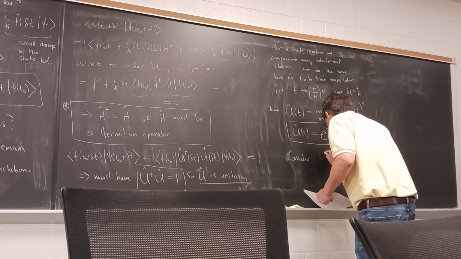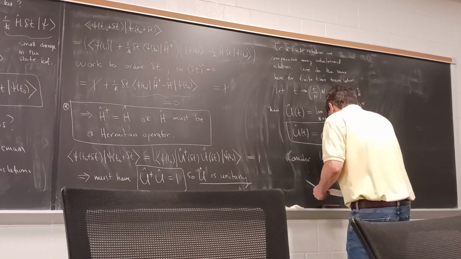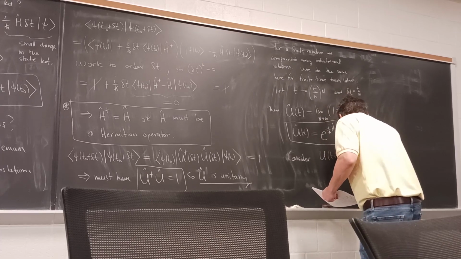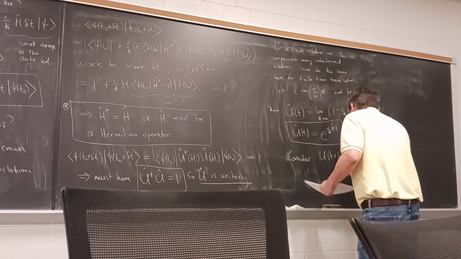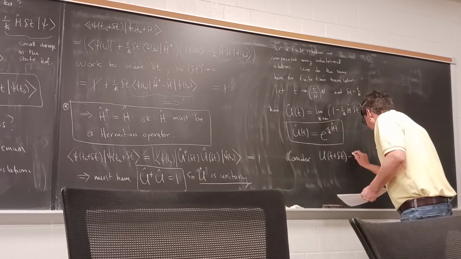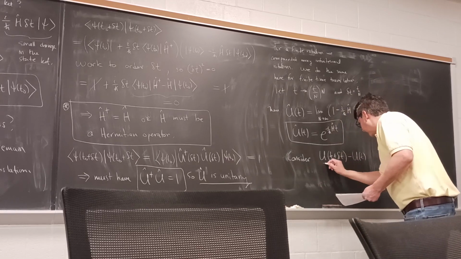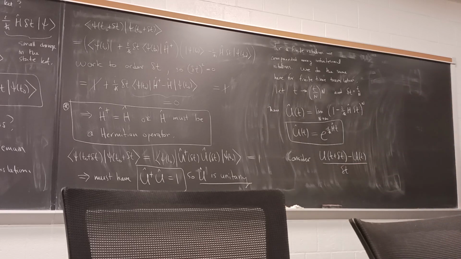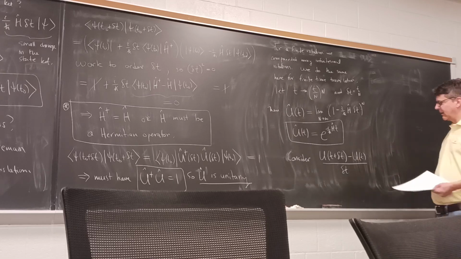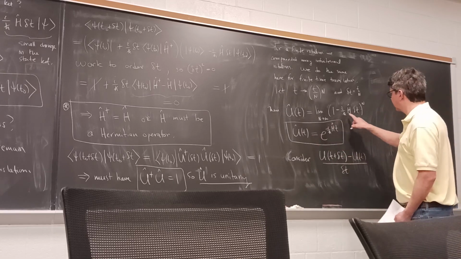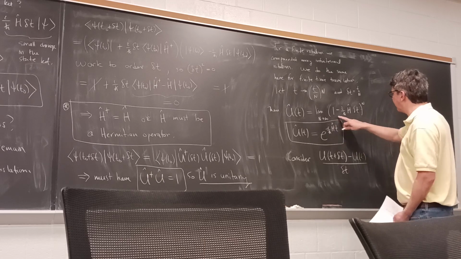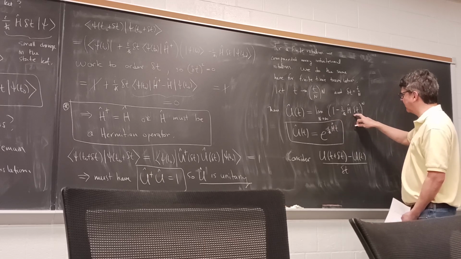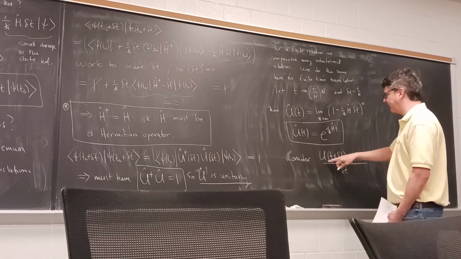If I take U of t plus dt minus U of t over delta t, I'm going to try to make a derivative out of this thing. This should be like the derivative of U. But now U is just I compound these infinitesimal time translations in order to get a finite one.